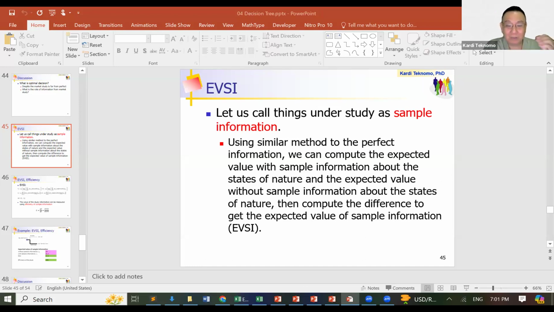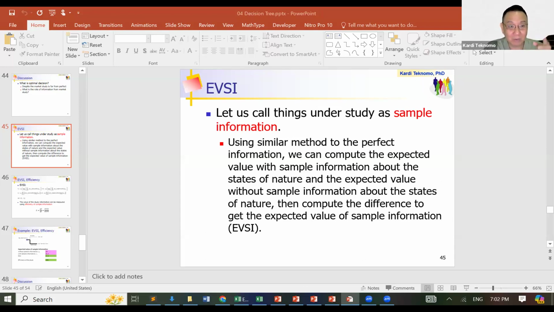Okay. The technique is the same as earlier. It's using a similar method as the perfect information. Okay. We can compute the expected value with sample information and without sample information. Okay. After that, we compute the difference between I0 and I1. So instead of EVPI, now we have EVSI. That is the actual thing that you have.